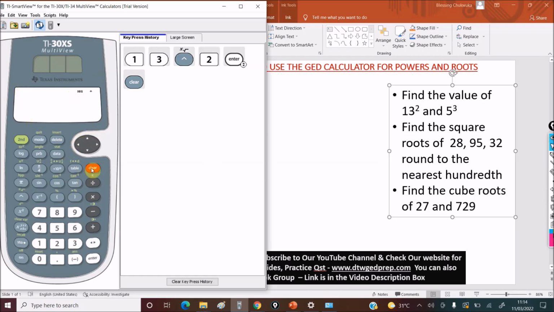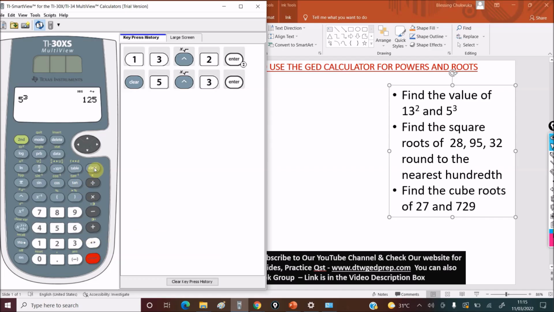So always, for a new question, please punch the button clear. So for 5, we go again: 5, this cap up here, then 3, the power of 3, then enter. So that's 125. So 5 cubed is 125.